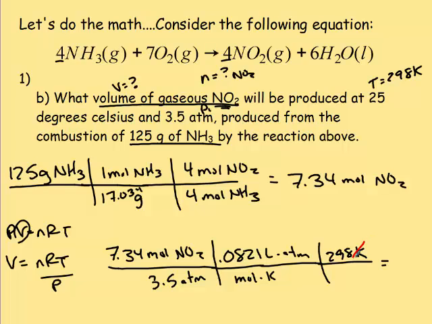Make sure everything cancels. I'm left with liters. And we want 2 sig figs based on pressure. So notice we did stoich, got our moles, and then plugged those moles into PIVNERT.